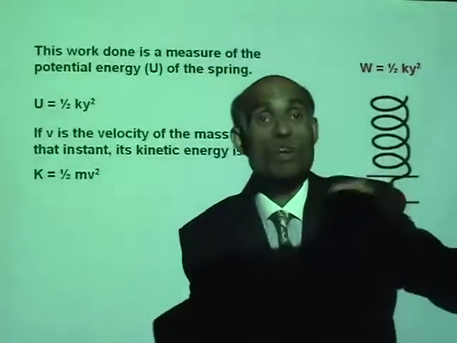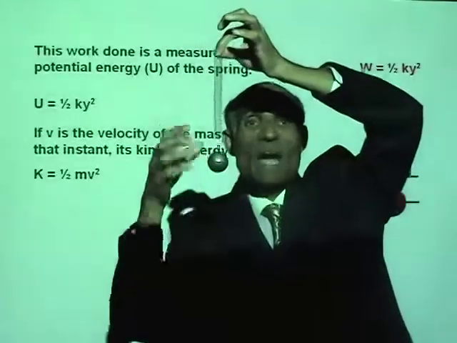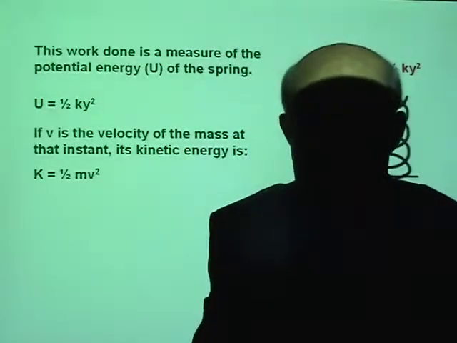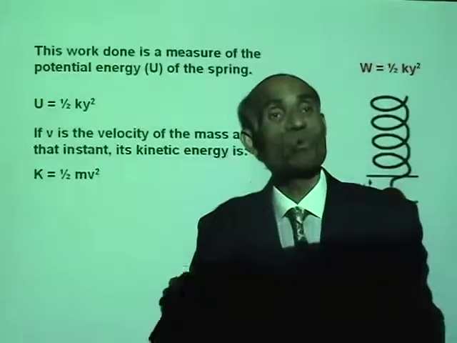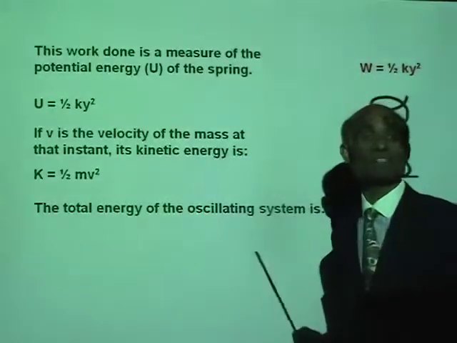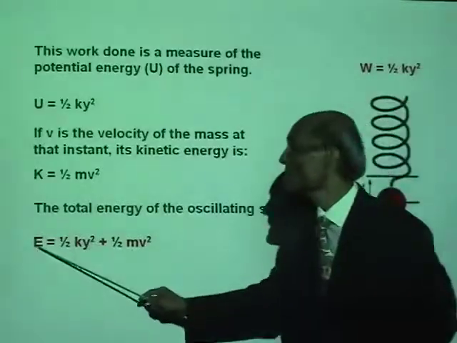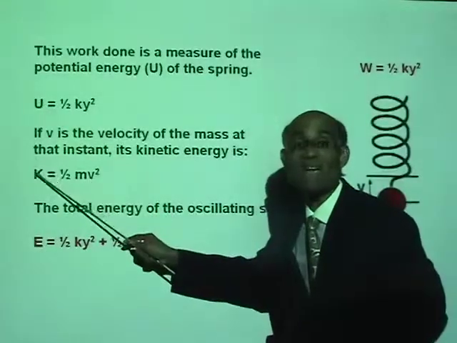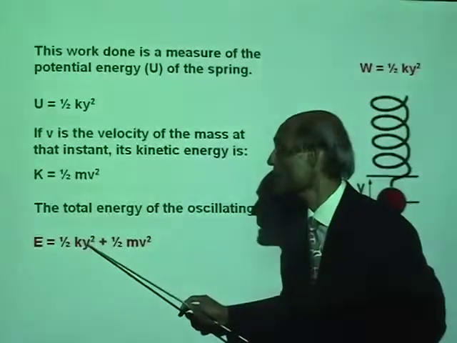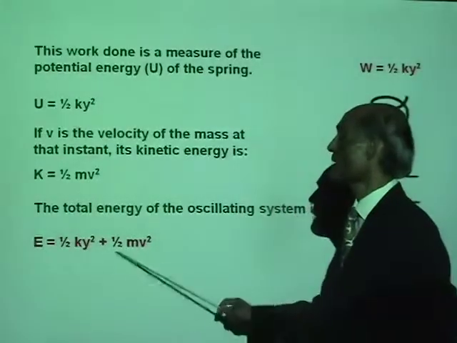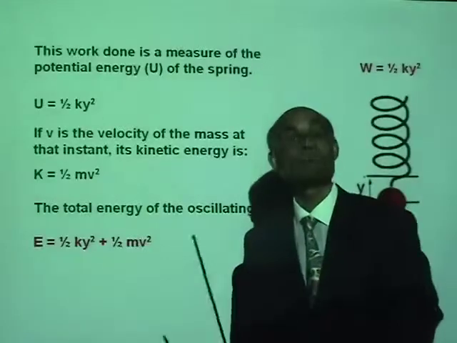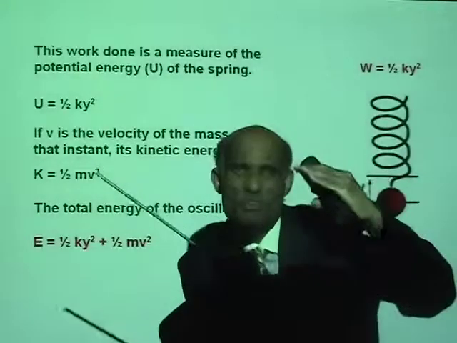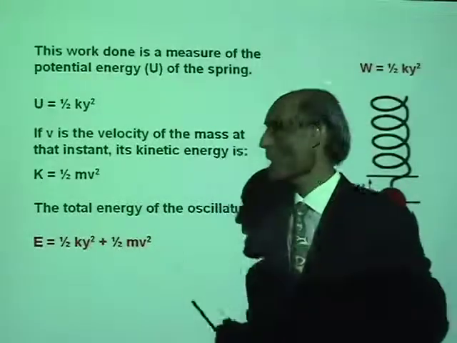So what is the total energy of the system at any given instant? The total energy is the sum of the potential energy and the kinetic energy. So I can write E, the total energy, is U plus K, which is 1/2 k y squared plus 1/2 m v squared. Now we are going to take some specific positions and talk about this.